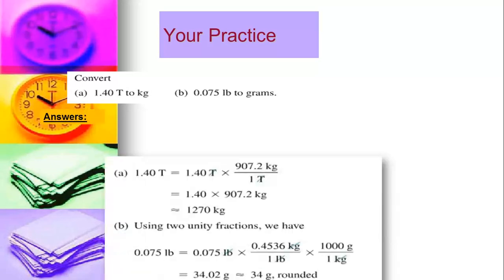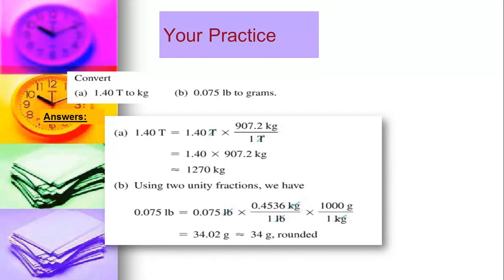So, 1 ton is equals to 907.2 kilogram. Ito madali lang siya kasi you just have to multiply 1.40 tons or 1.40 times 907.2 kilogram since na-cancel na yung tons natin. And this would equals to 1,270 kilogram.